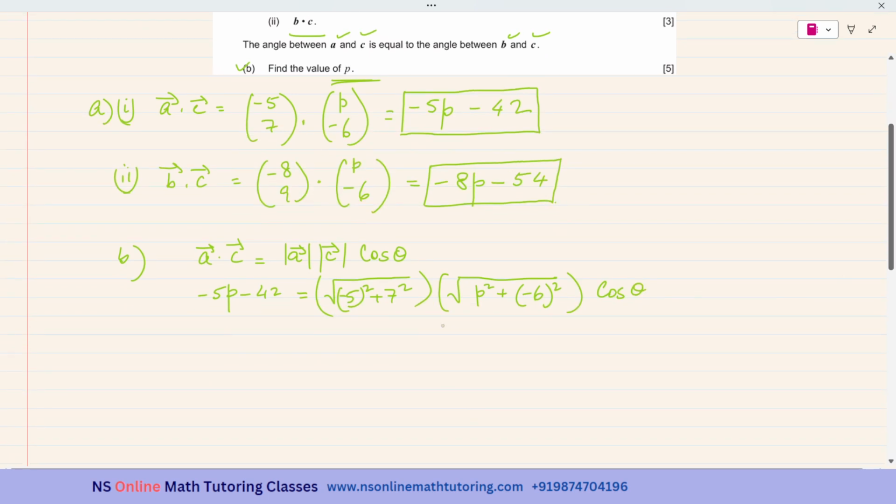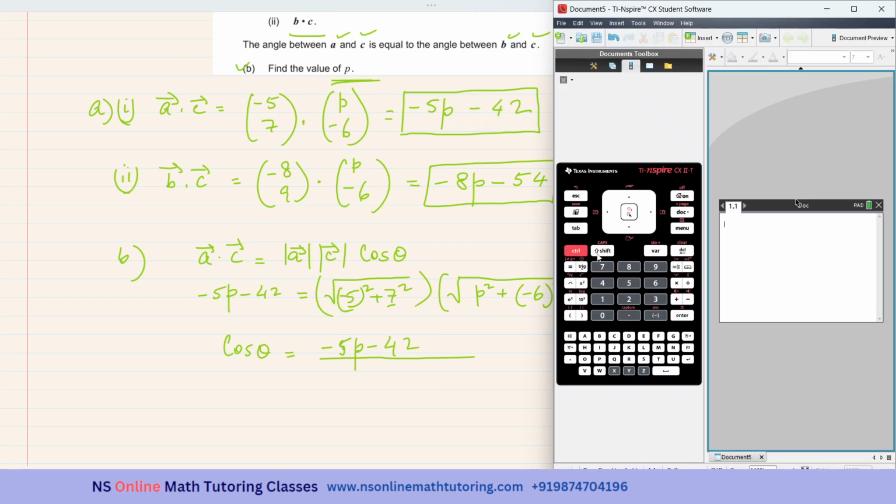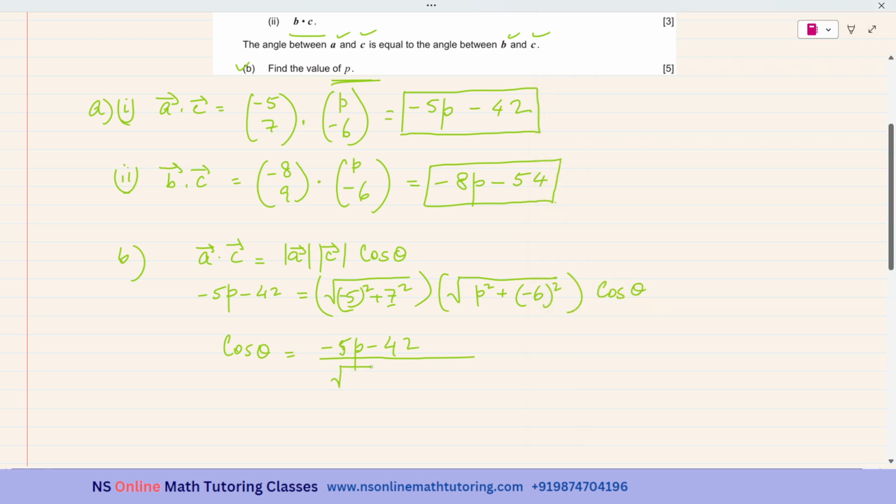So cos theta should be equal to minus 5p minus 42 over, this one is 25 and this one is 49. You can add them using your calculator. 25 plus 49, 74. Obviously, it is not a perfect square number, so I'm keeping it as square root of 74.